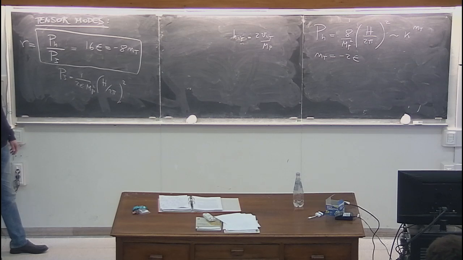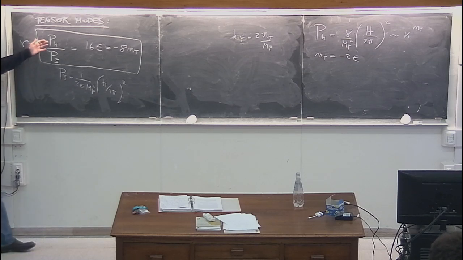It's called the famous B mode. And there is a lot of effort to try to measure this thing. If it is measured, within some accuracy, then we will have a handle on this amount of tensor modes.